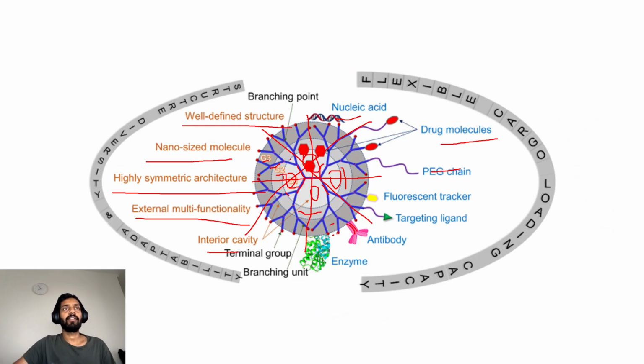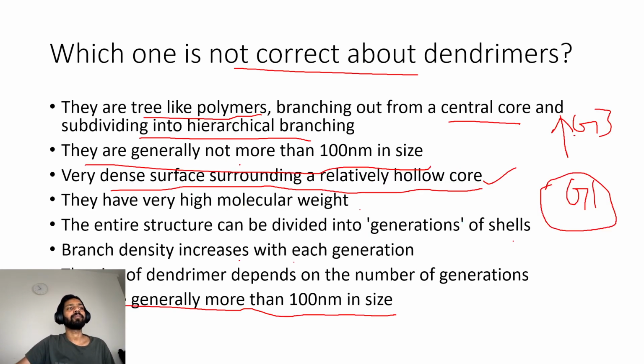Compared to G1, the density at G2 is higher, and compared to G2, the density at G3 is higher. And the size of the dendrimer depends on the number of generations. That's also true. As the generations increase, the size of the dendrimer also increases because it's branching more and more out. So it's sort of exploding like a bomb, but outside.